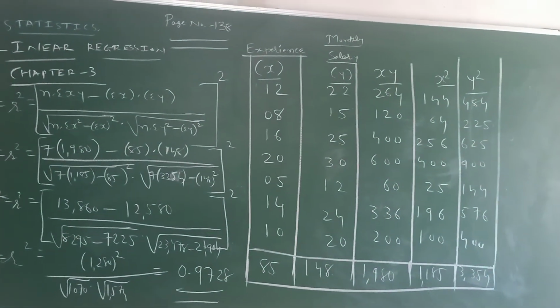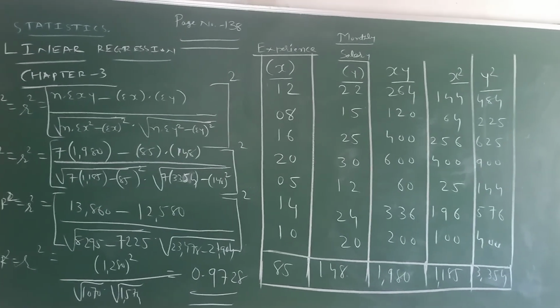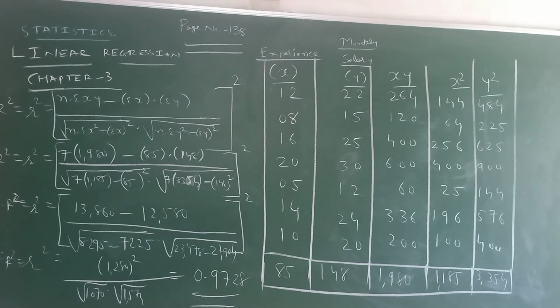Now, after finding the value of r square, capital R square or small r square, when the value is nearer to 1, here 0.9728, it is very nearer to 1.